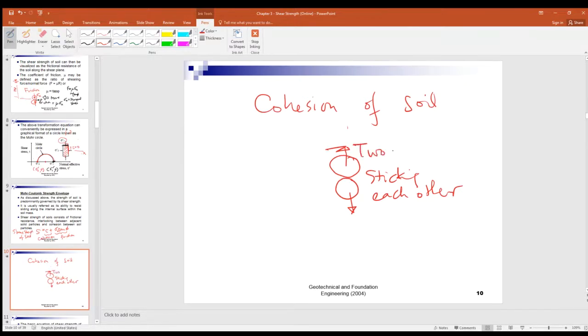Two particles are sticking to each other, like sticky rice, 糯米飯. So they are sticking together. So you have to apply a force here, right?